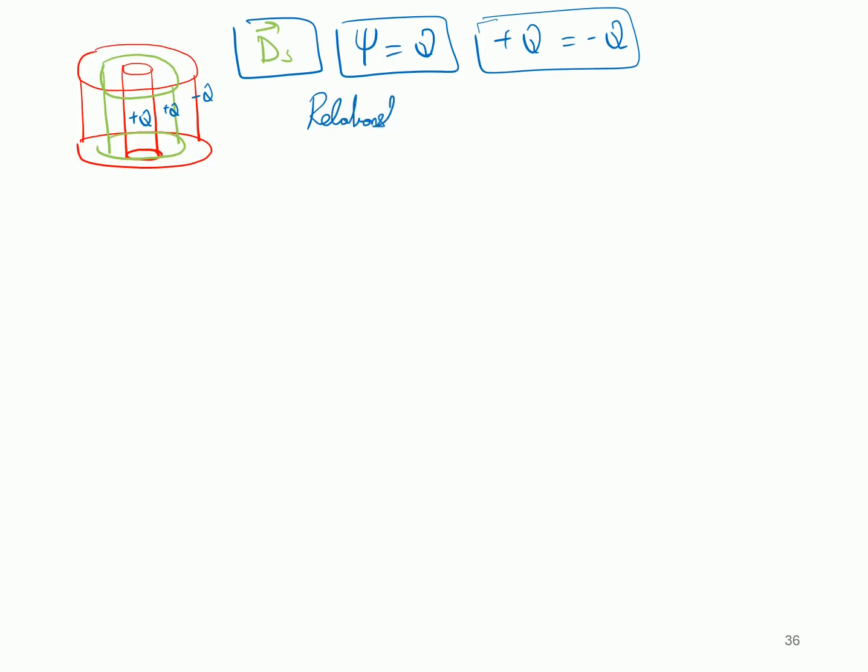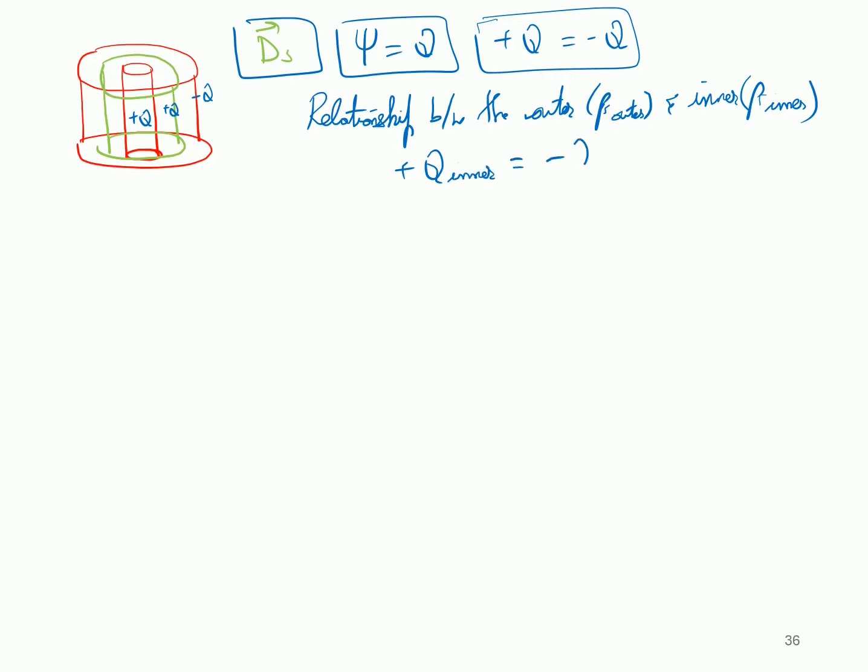If you want to find the relationship between the outer surface, say rho_s outer, and the inner surface, rho_s inner, we want a mathematical representation for the inner and outer. We know that if the charge is plus Q on the inner side, the outer side should have the same charge with the negative value. So let's prove this.